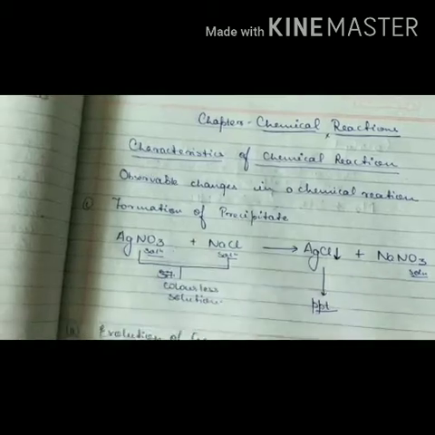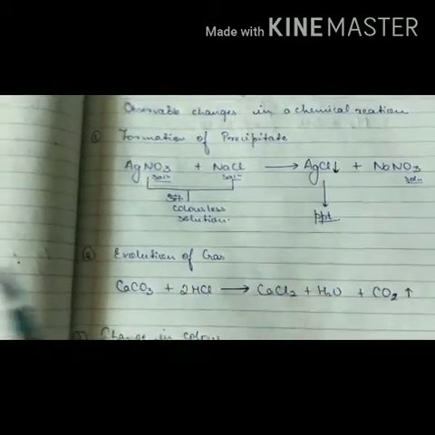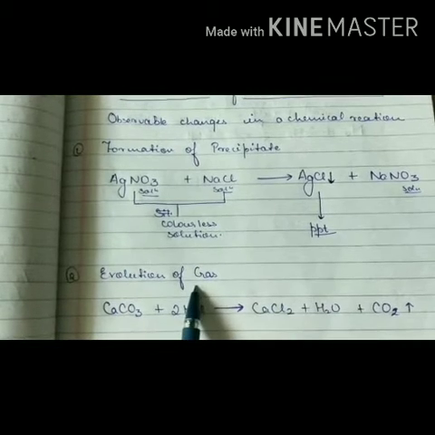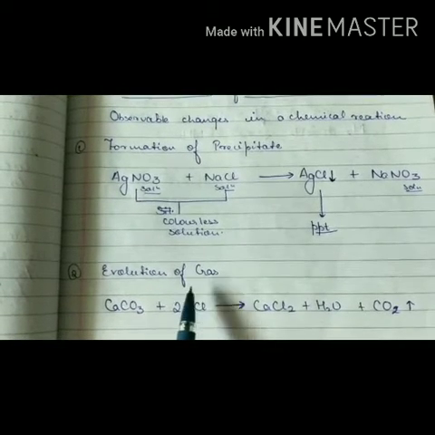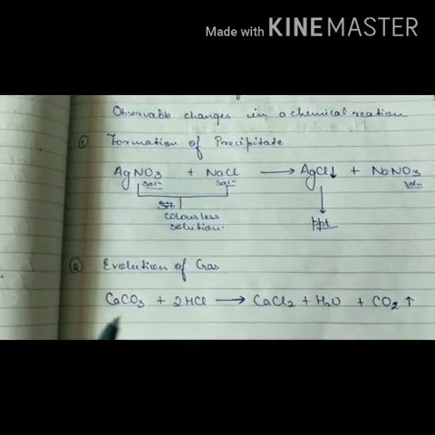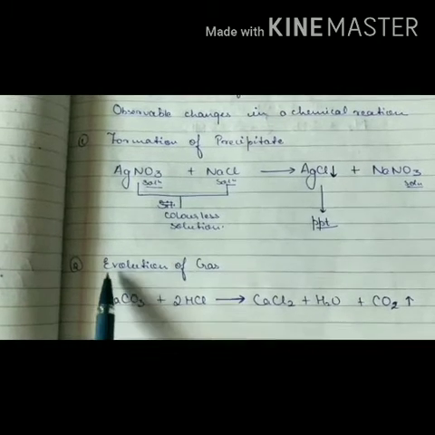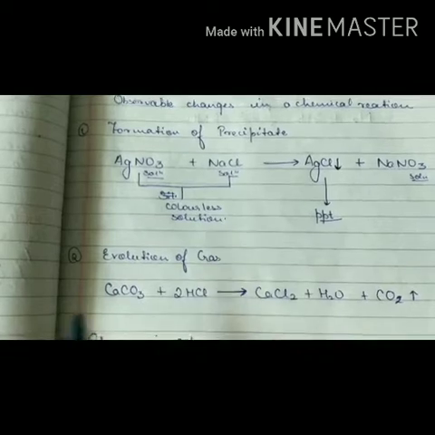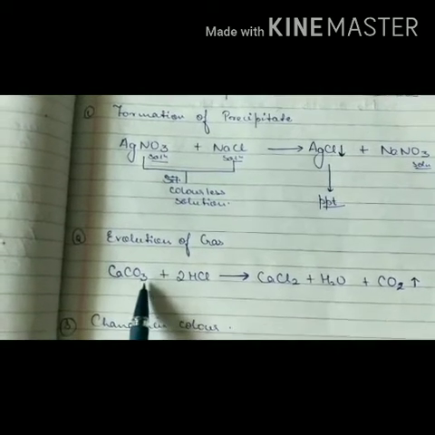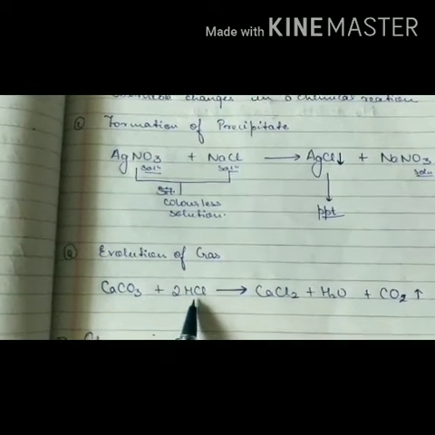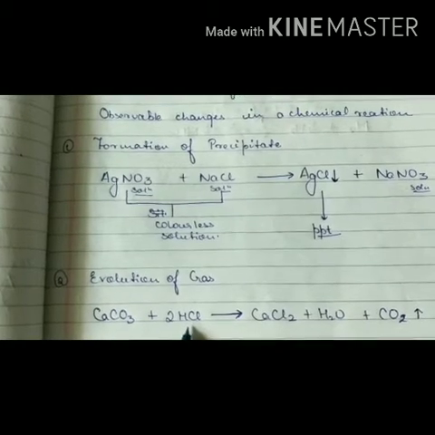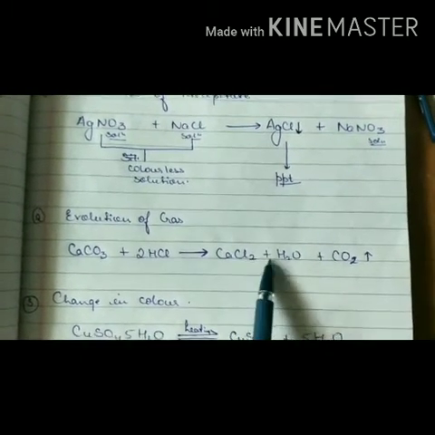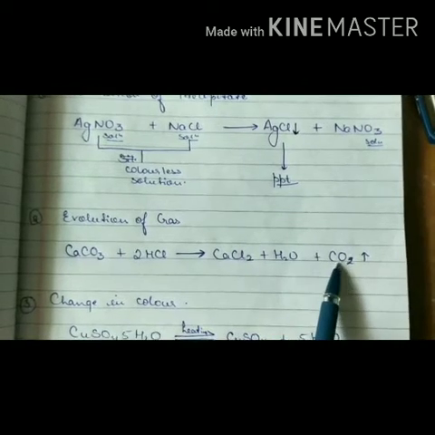Now the second is evolution of gas, which means if in any chemical reaction you find that gas is evolving, this is the evolution of gas. Here you can see CaCO3 plus 2HCl gives CaCl2 plus H2O plus CO2.